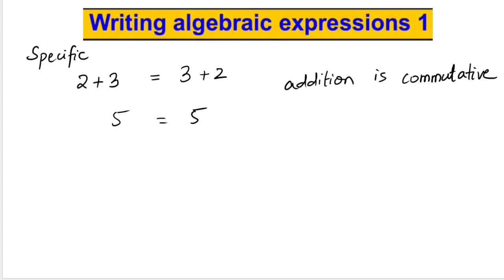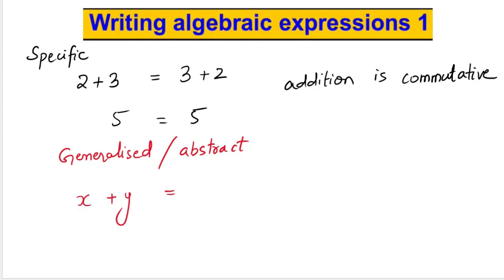If we make it generalized, or you can say abstract, it would be like this: x plus y is equal to y plus x, and that is addition is commutative.